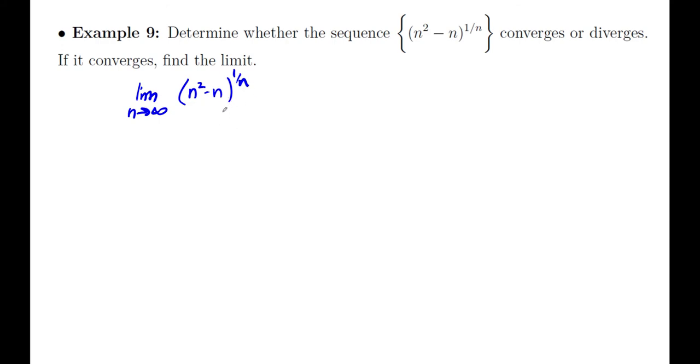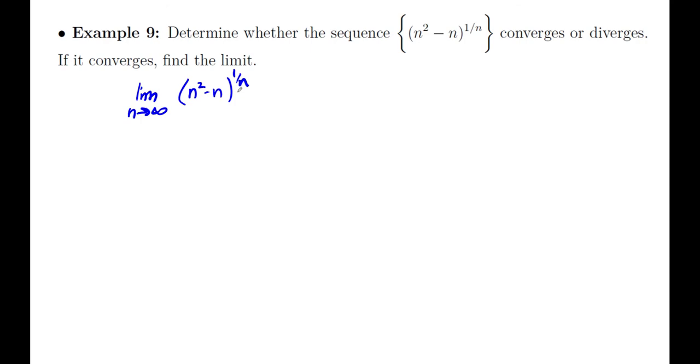So the best way to sort things like this out is to make it so that they're on a level playing field, maybe, so that we don't have this expression up in the exponent anymore. So let's think for a moment. What is the one tool we have that allows us to take exponents and make them exponents no longer?